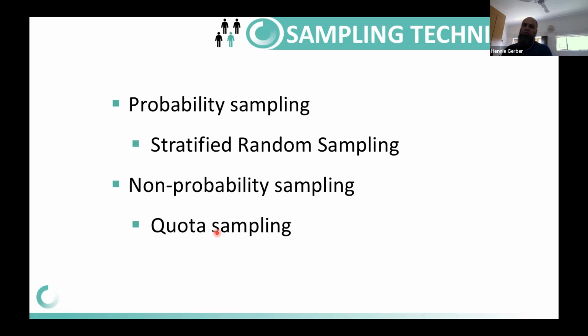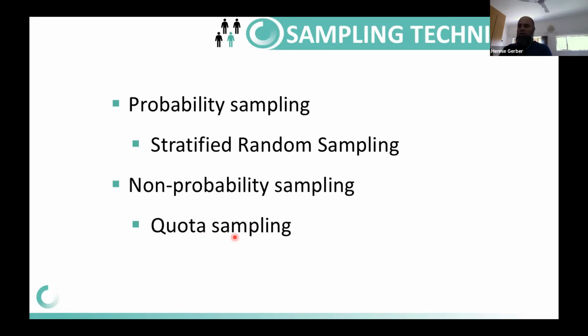So say, for example, you do quota sampling on age group, then you will keep on sampling until you get enough younger people, so that the proportion of younger people in the sample is the same as in the population. There are other types of non-probability sampling methods also, but this at least will give you representativity.